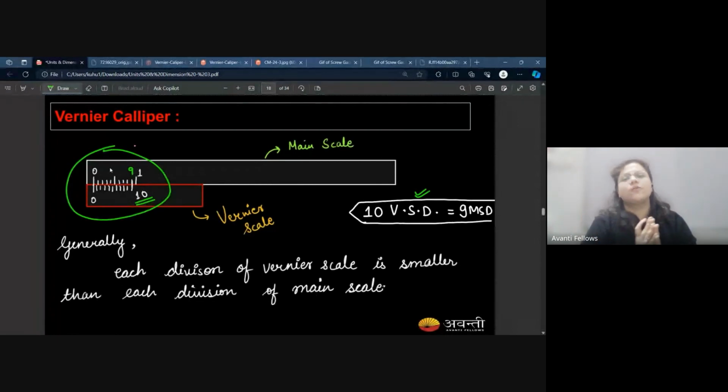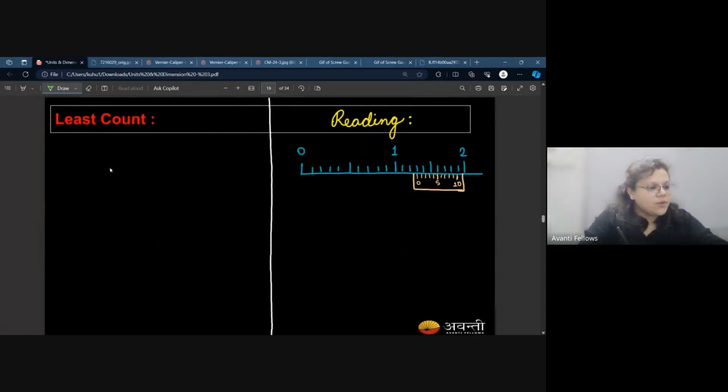Generally, you have this kind of setup, in 99% of cases, where main scale divisions are always greater than vernier scale divisions. As you can see, each division of the vernier scale is smaller than each division of the main scale. Is that okay to you? Yes, ma'am. Now let's calculate the least count.